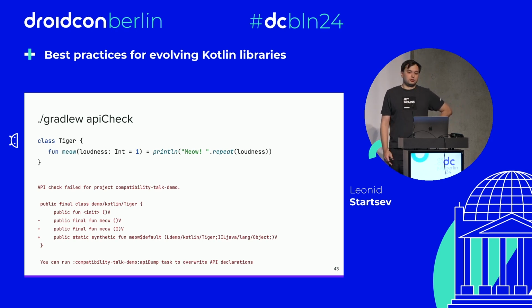It takes the current API dump and compares it to the API dump that is on the disk that we committed to the version control system. Then it sees that these dumps are different, and it shows us the difference. Previously we had funMal without arguments, and now we have funMal with one argument. And so it tells us that the API dumps don't match, and that we should do something about it.